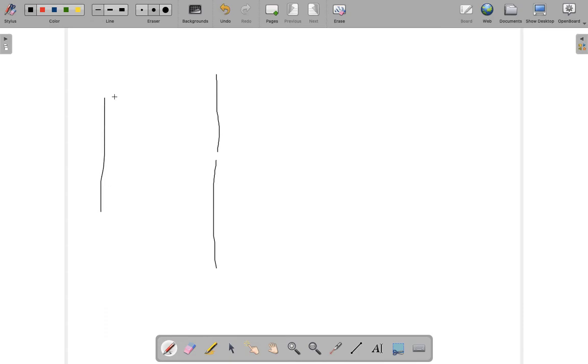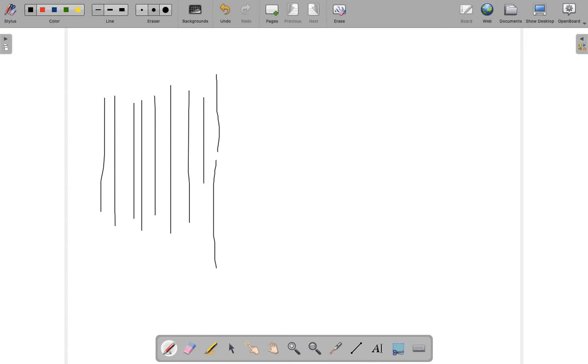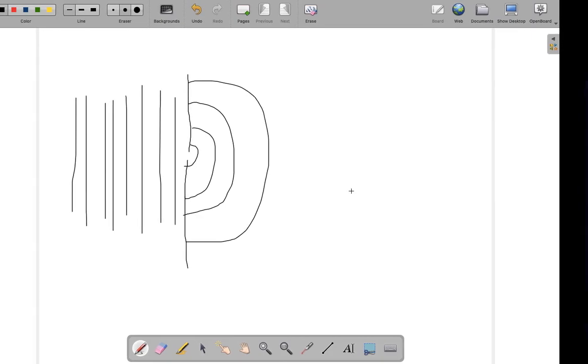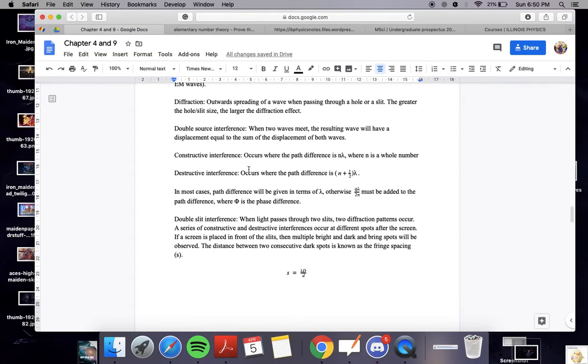So if you have a wave coming in like that, when it goes through the slit, it starts spreading outwards. So what happens is when the wave interacts with the slit, the light actually bends and goes outwards like this and keeps spreading outwards, becoming larger and larger.